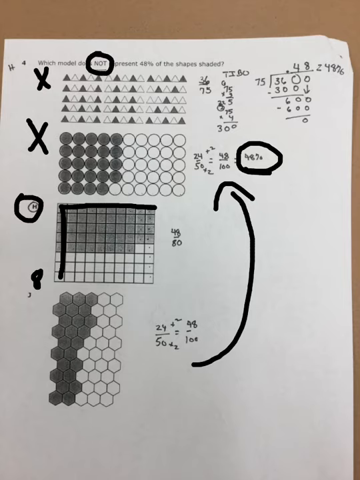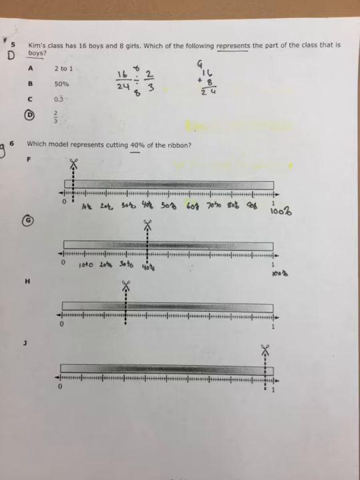Okay. We're going to look at another picture. Number 5. Kim's class has 16 boys and 8 girls. Which of the following represents the part of the class that is boys? So we already know we want the 16 boys, is what we're looking at, the 16 boys and the 8 girls. I want the 16 on top.